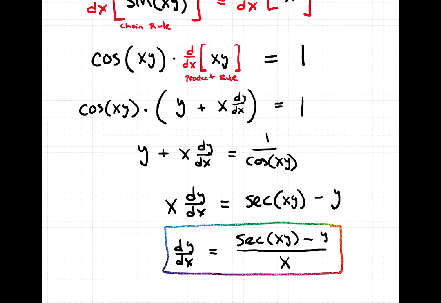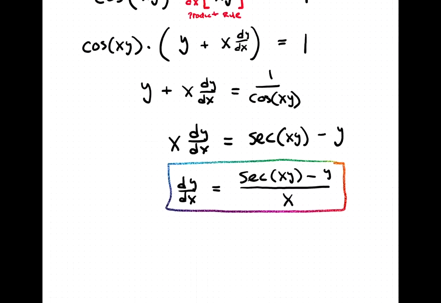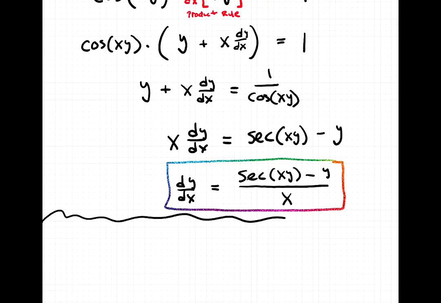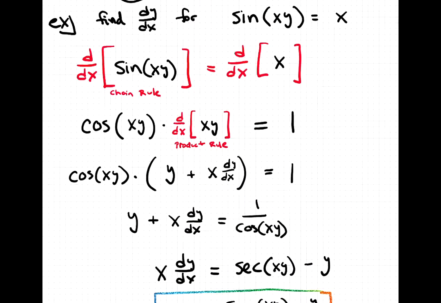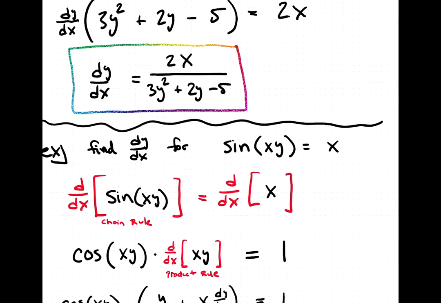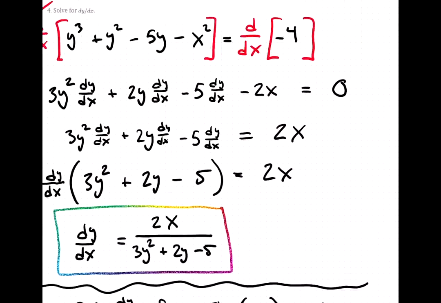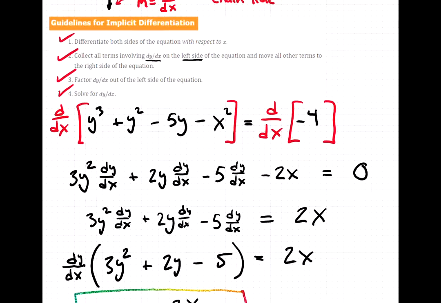Now, the last thing I want to say about implicit differentiation is this. If we go back and look at our guidelines, step 1, differentiate both sides of the equation with respect to x. Well, you could differentiate with respect to anything.